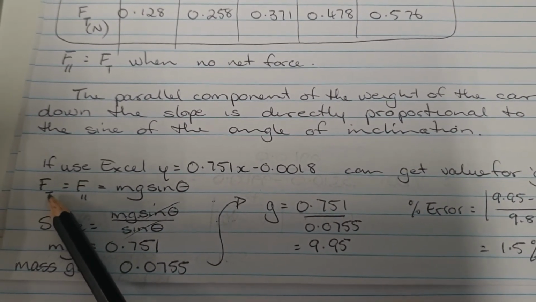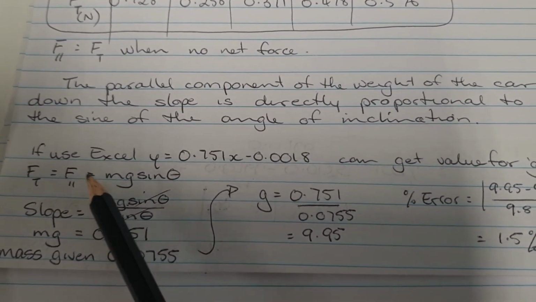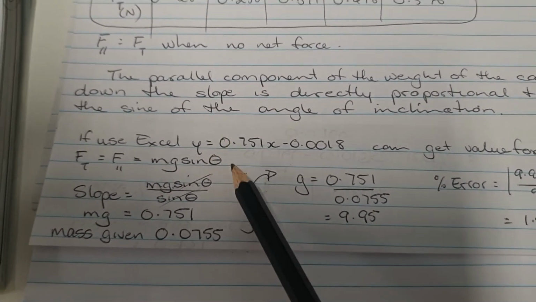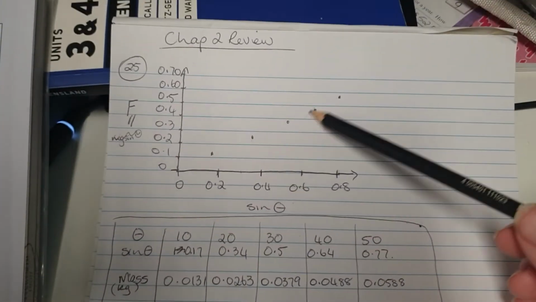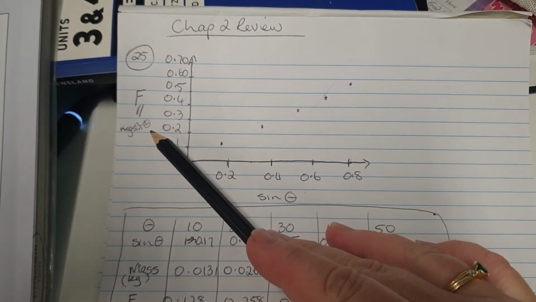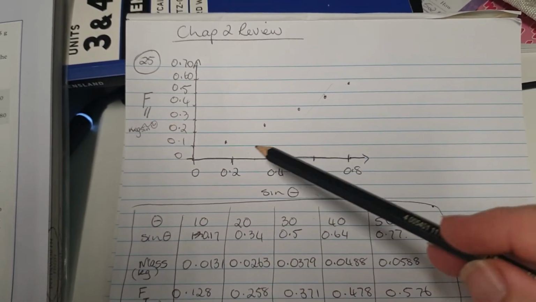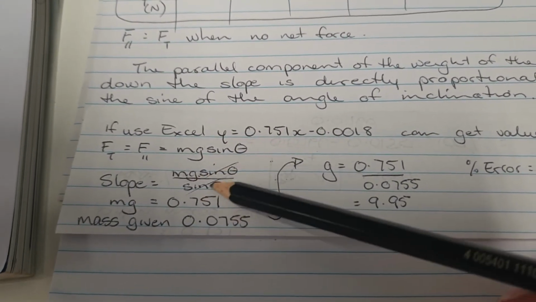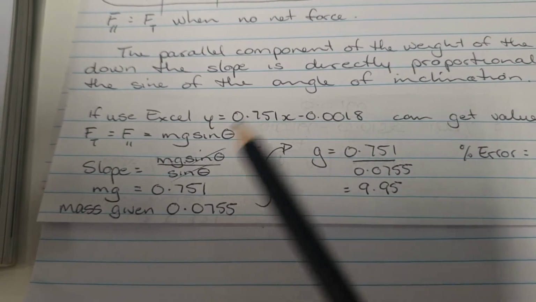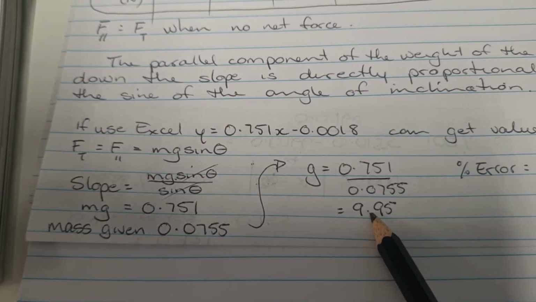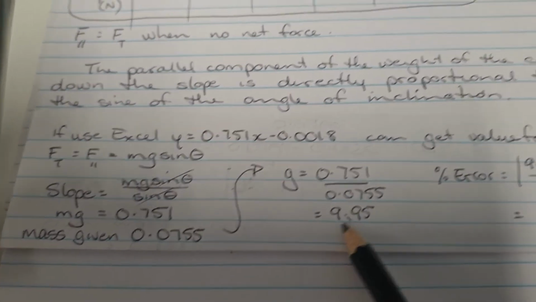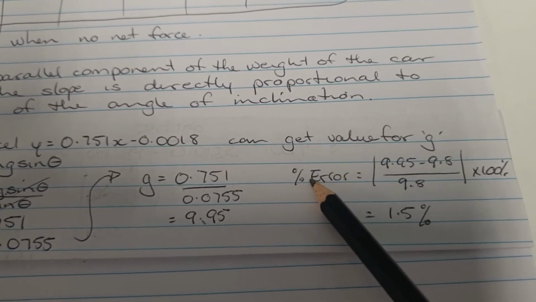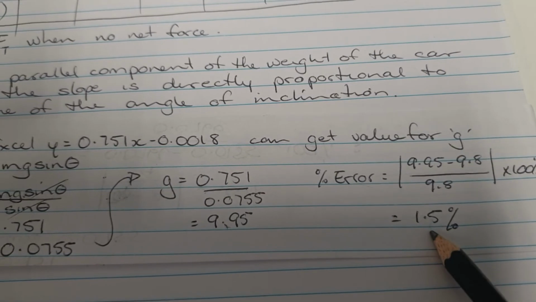So we know that the tension is equal to the parallel component, and the parallel component is mg sine theta. So if we get the slope of our line from up here, the slope is going to be mg, and we get a value of 9.95 for g, using the mass that they gave us for the car, and you get a percentage error of 1.5%.